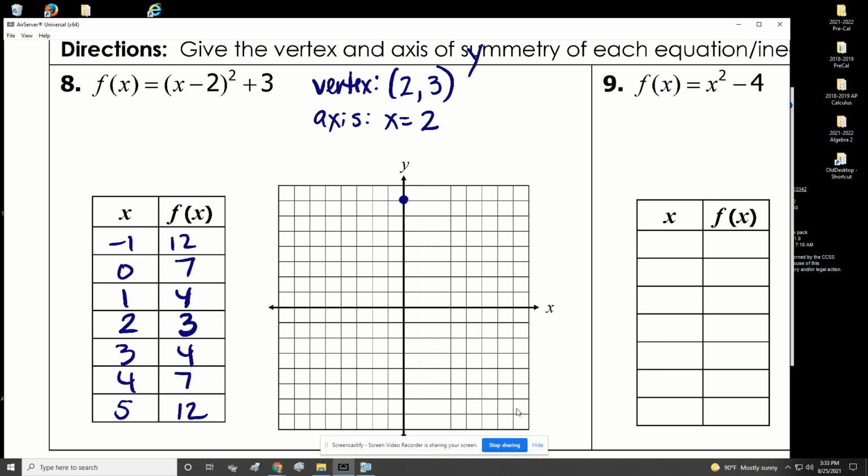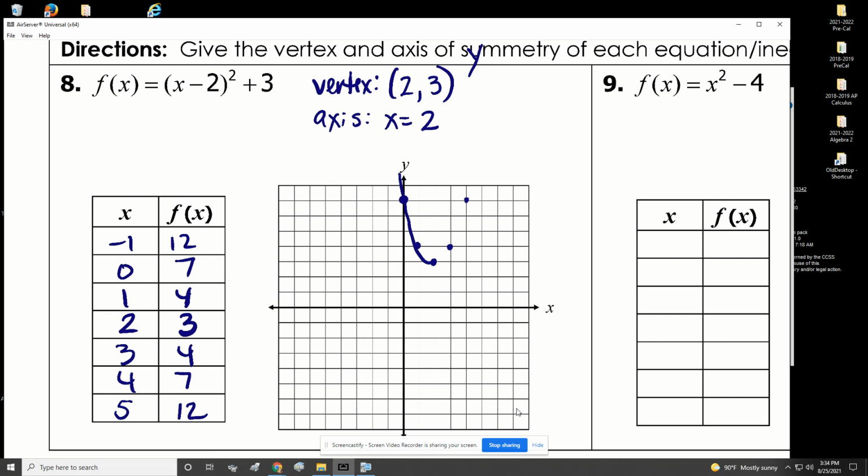Over 1, or right 1, up 4. Right 2, up 3. Right 3, up 4. And right 4, up 7. Now I can't go to 12 also, but this is my shape.